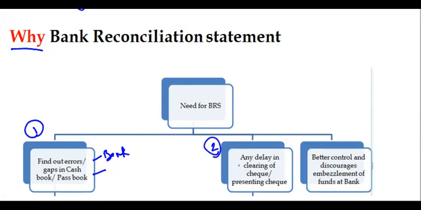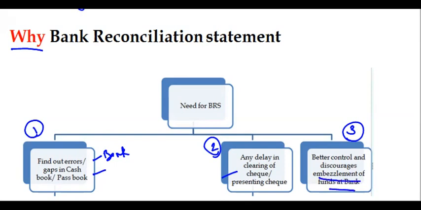The second reason is that there could be a delay in clearing or presenting a check. This would also be a reason for the difference, and we will get to know it by preparing the bank reconciliation statement. Third, better control over the books of accounts maintained by the entity, as it also discourages any embezzlement of funds.